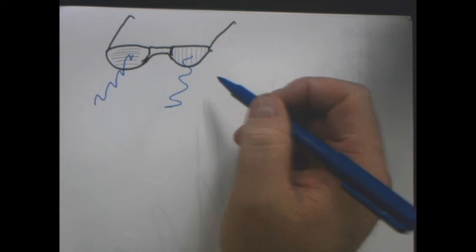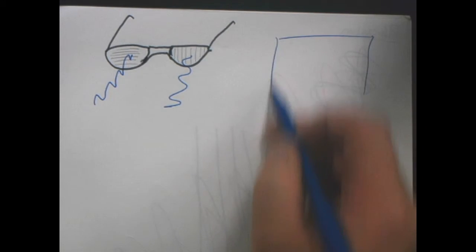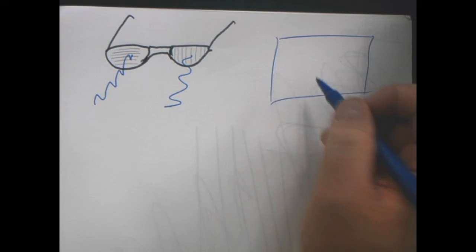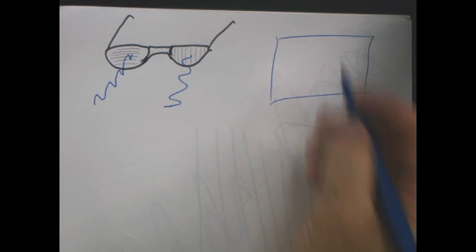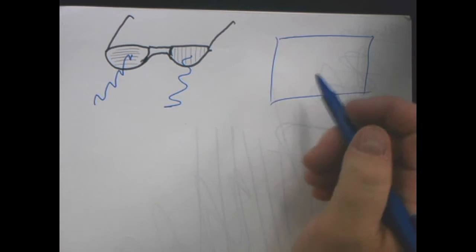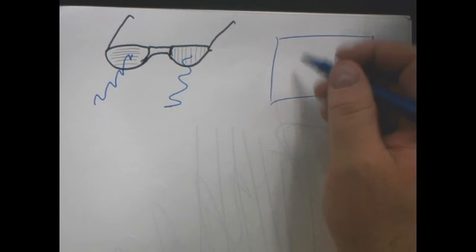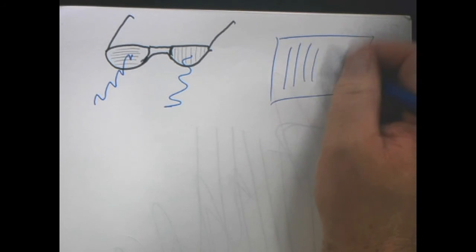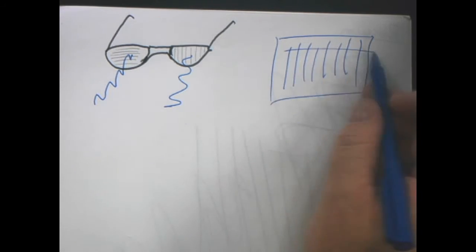So what happens in a 3D movie, over on your screen, is you really have two movies being played. You have two projectors showing your screen, one for your left eye and one for your right eye. The light from one of them is polarized in that direction, and the one for the other eye is polarized in this direction.